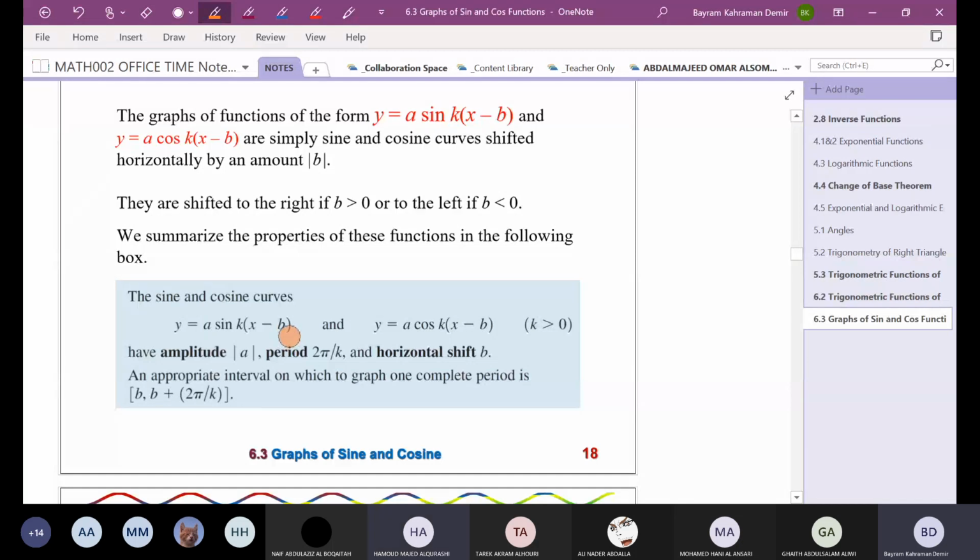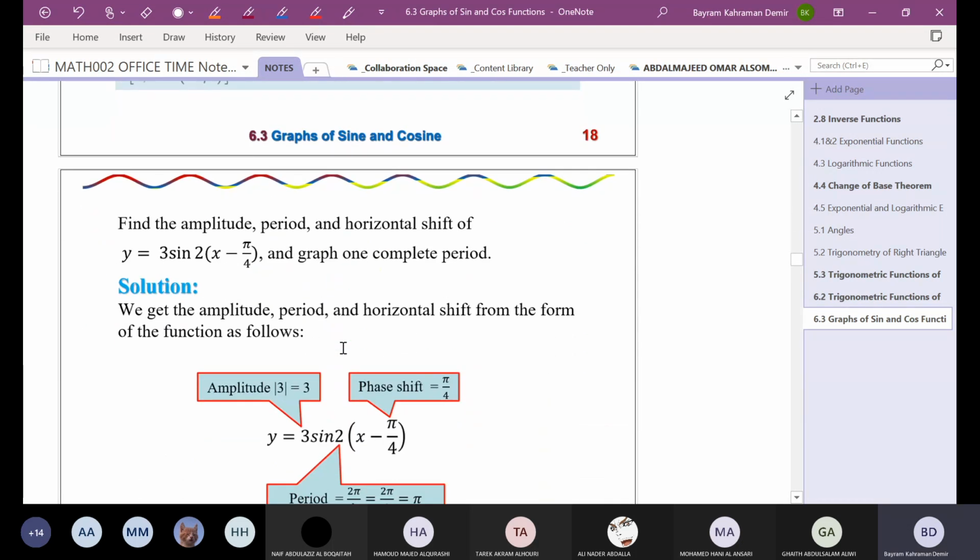Do you remember? 1 unit to the right. Exactly. If you have x plus 1, what happens? 1 unit to the left. Exactly. So this is called horizontal shifting or phase shift, as you remember, right? We will follow exactly the same principle of these basic transformations of graphs.